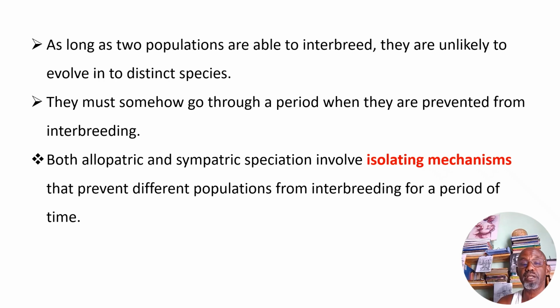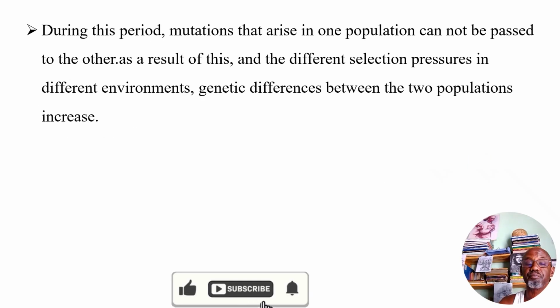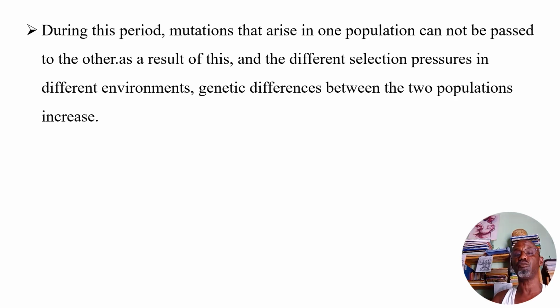In the case of allopatric speciation, the geographical barrier separated organisms. And in the course of time, they became different. If you bring them together, they will not reproduce because they have developed what? Reproductive isolation mechanisms. During this period, mutations that arise in one population cannot be passed to the other.